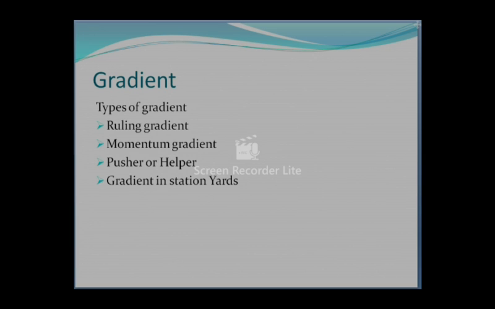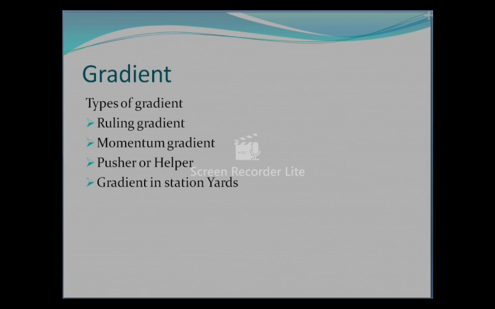Next, moving on to our second type of gradient, the momentum gradient. Here the gradient is cleared by the train with the help of the momentum gained from the previous falling gradient.